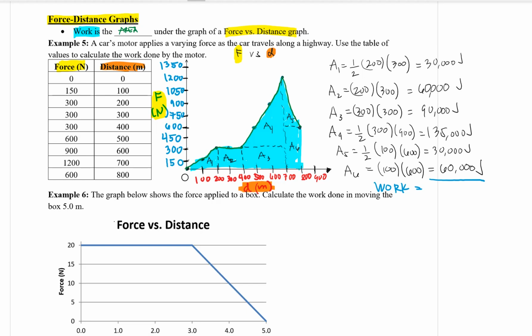So that's 30,000 plus 60,000 plus 90,000 plus 135,000 plus 30,000 plus 60,000. So that gives me 405,000 joules. Okay, so that's the work done by the motor.